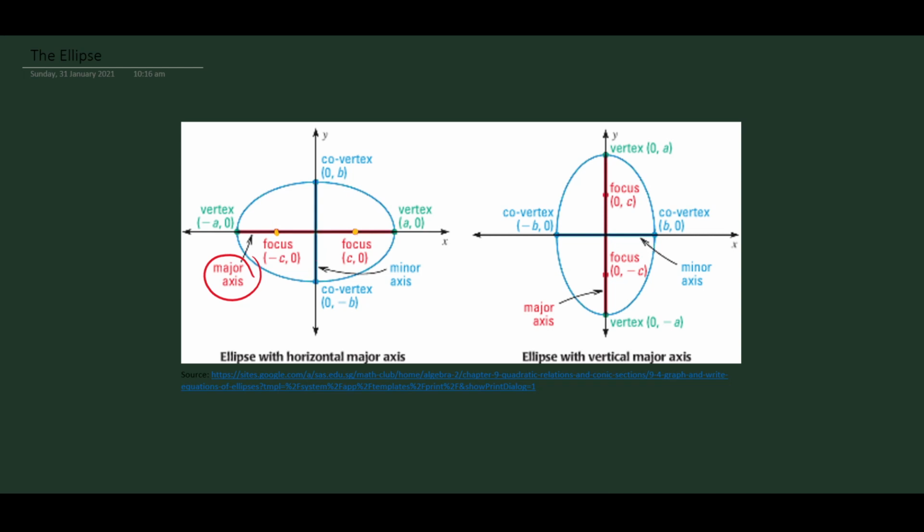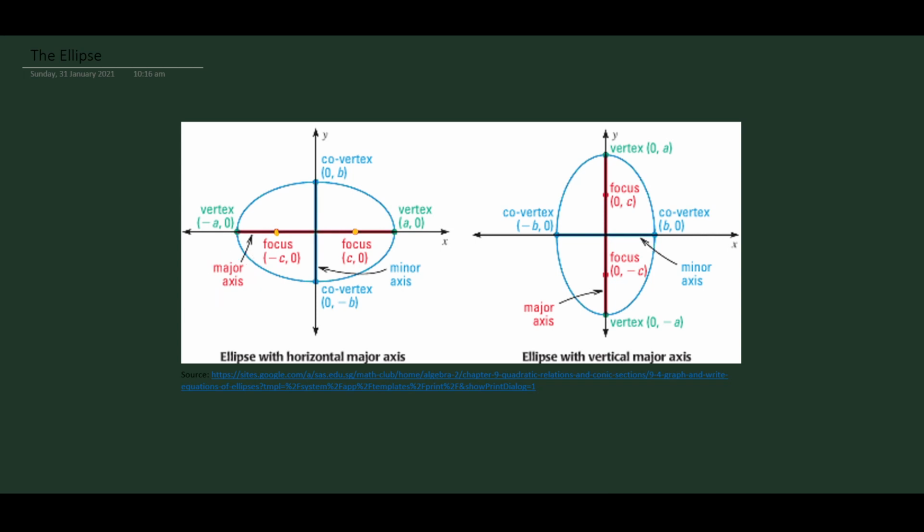Now it's time for us to learn the different parts of the ellipse. If you take a look at the ellipse closely, we have two axes here. The longer axis right here is called the major axis, and this shorter one is the minor axis.